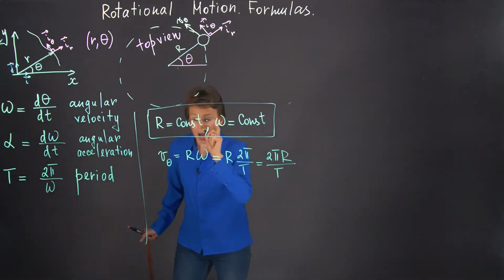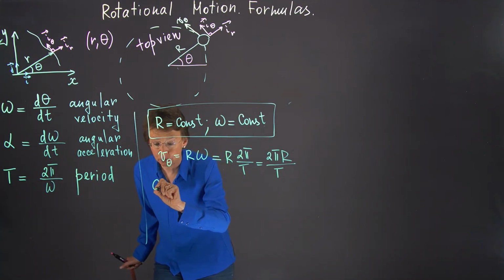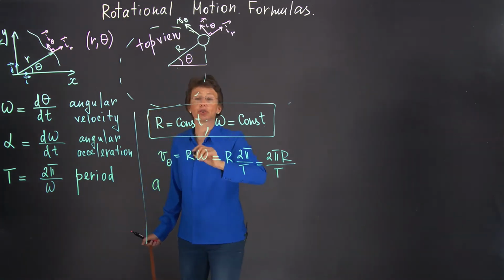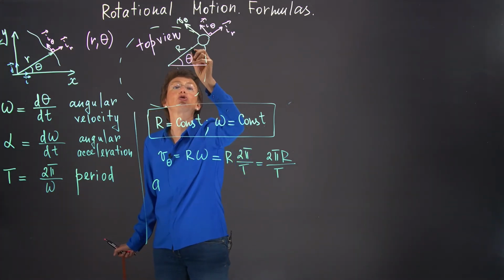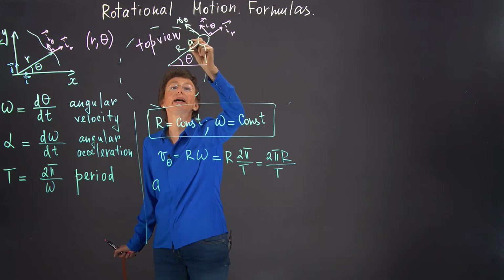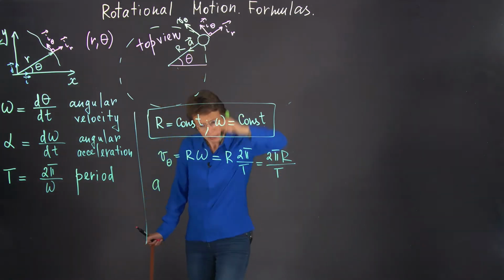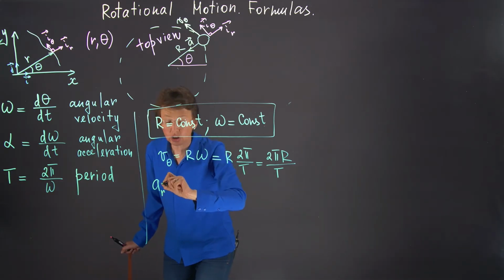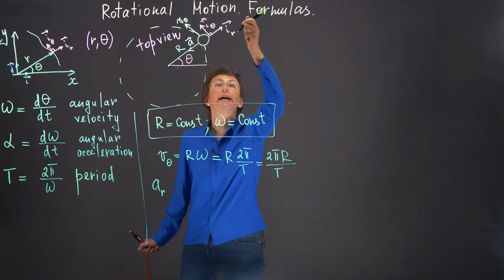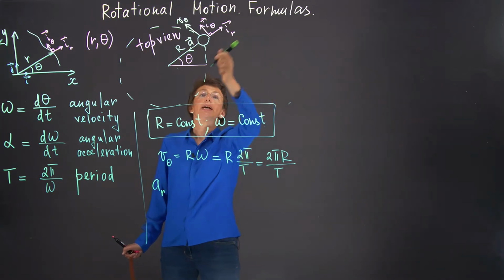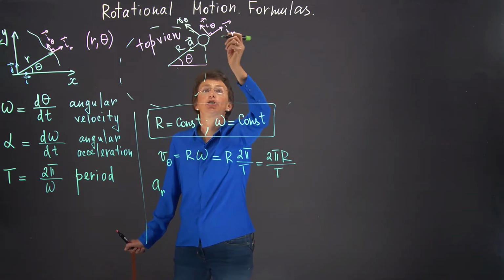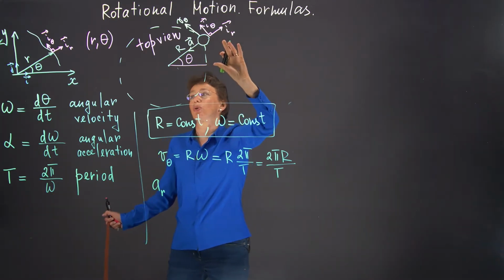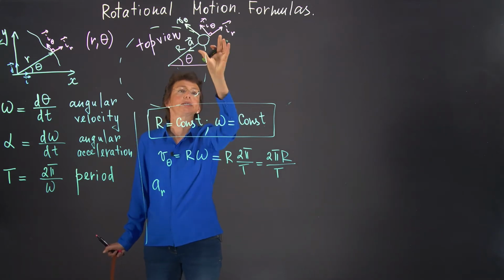Now, I also know the acceleration for this case. The acceleration for this case will be directed towards the center. This will be my acceleration, a, towards the center. And I will write the projection a_r. Since my i_r is out of the circle, that's what I decided to go with. This is my choice of the coordinate system, and I will always stay with it.